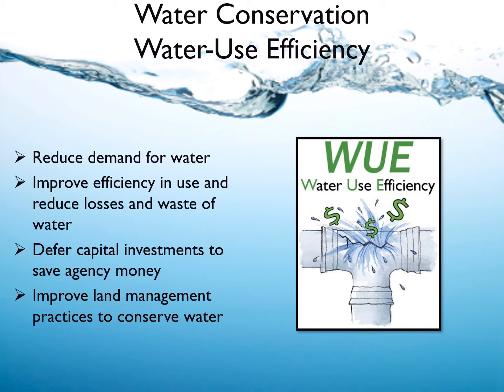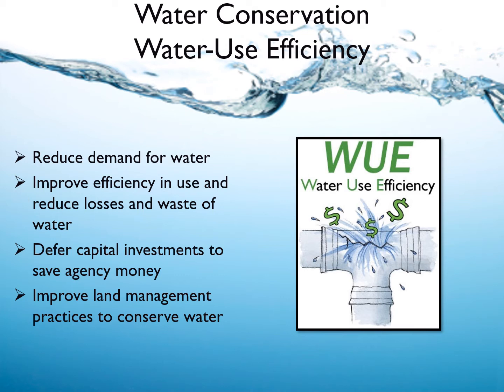Wells are almost $2 million to put in. Treatment plants are far more than that, several million dollars, if not $100 million. So the less water people use, the more you can defer those costs. And sometimes you can defer them permanently. You'll never have to build them.